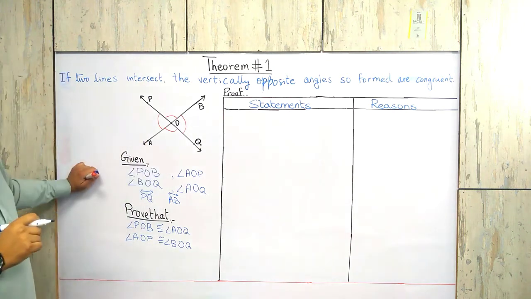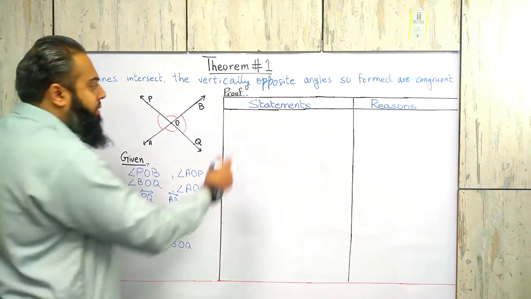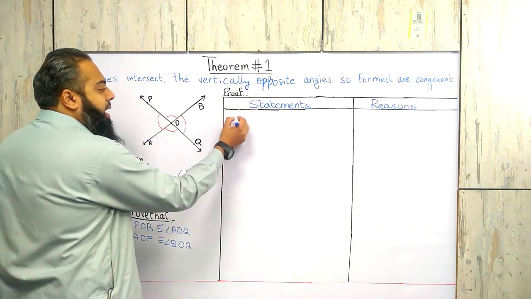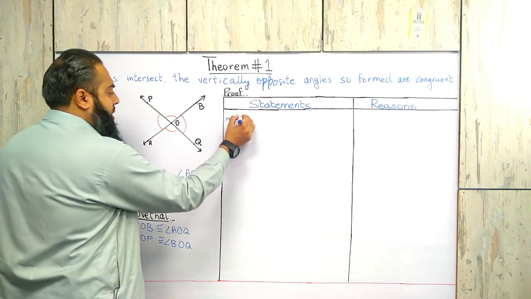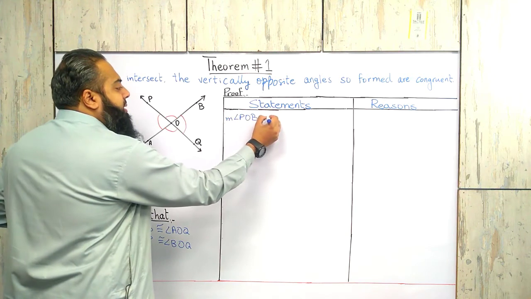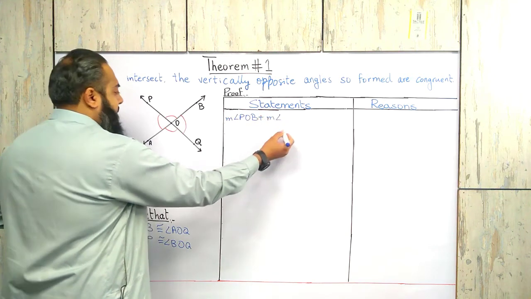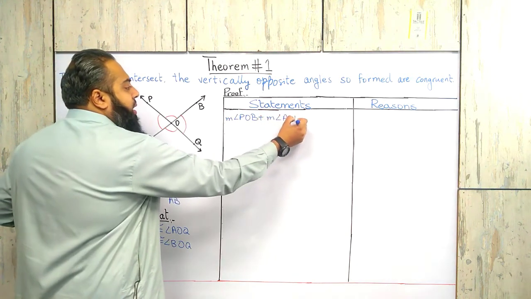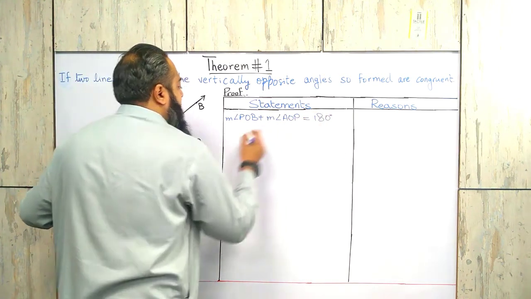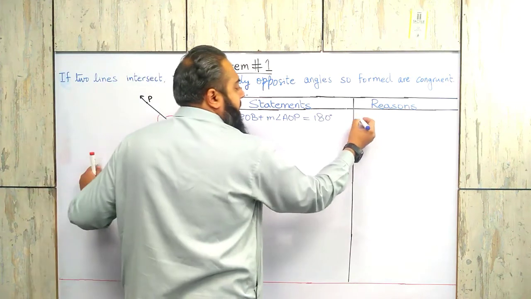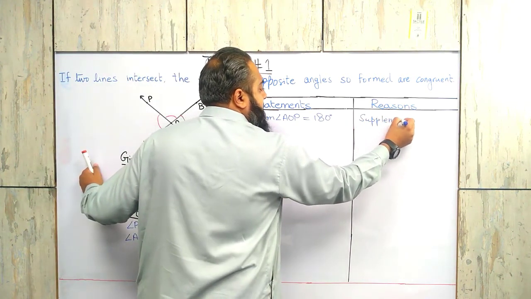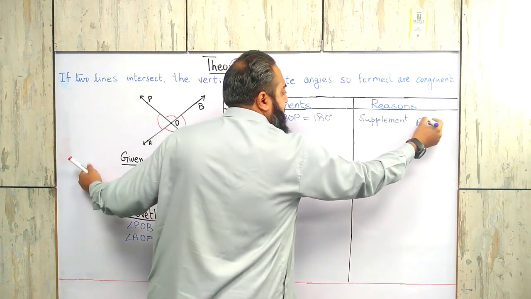So what we will do, we will take measure angle POB plus measure angle AOP equals 180 degrees, and that is the supplement postulate.